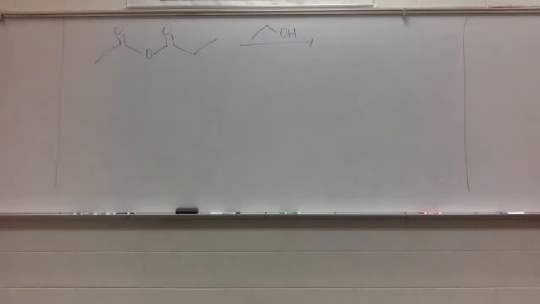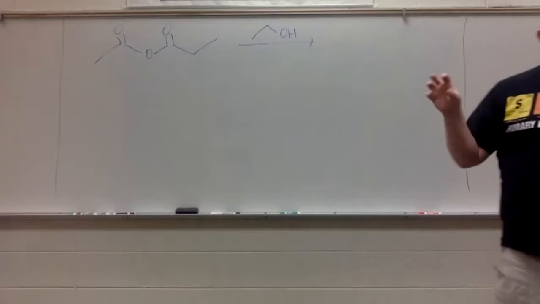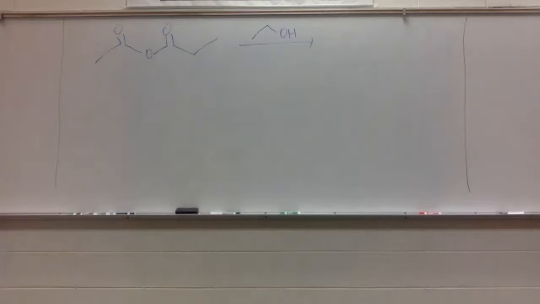All right, this is where things get a little bit different, a little bit more complicated, right? Now, in the last example, we saw that when you had a mixed anhydride and you reacted it with water, did it matter where the water attacked? No, because we ended up with the same thing anyway. You always ended up with a carboxylate and a protonated acid. Proton transfer, you always ended up with two acids.